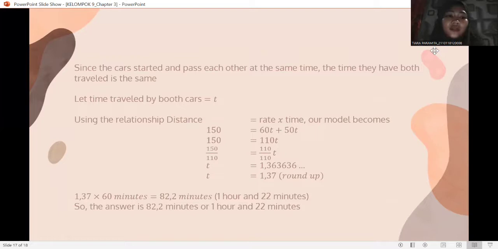Let the time traveled by both cars be t. Using the relationship distance equals rate times time, our model becomes 150 equals 60t plus 50t.